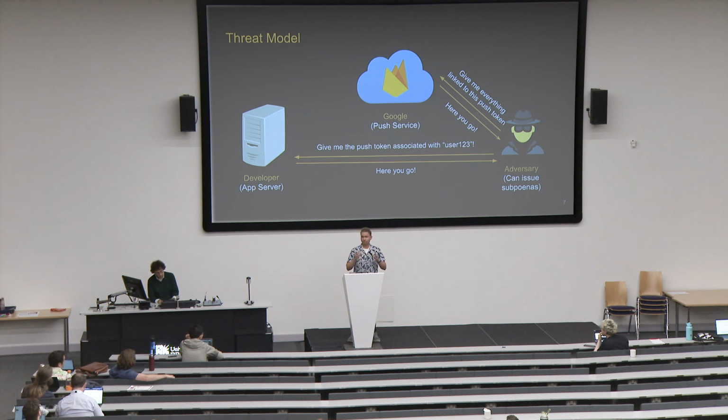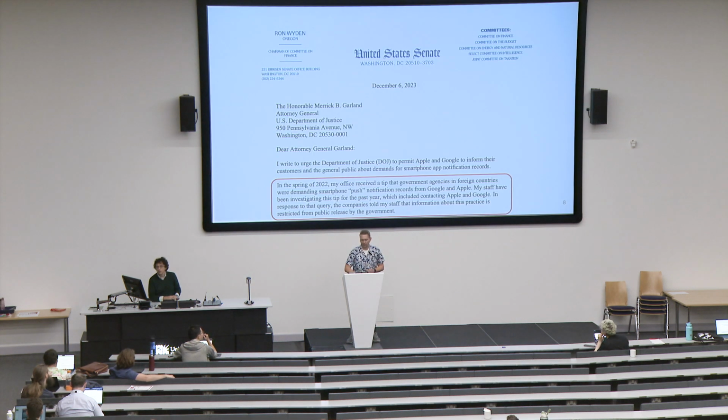This information, at the very minimum, will include IP addresses. However, we have a reason to believe there may be even more than just that. And the reason I say that is that this is not just a hypothetical attack. This is actually happening and has been happening for multiple years. Back in December of last year, US Senator Ron Wyden disclosed that foreign governments have been issuing requests to Apple and Google asking for push notification records.